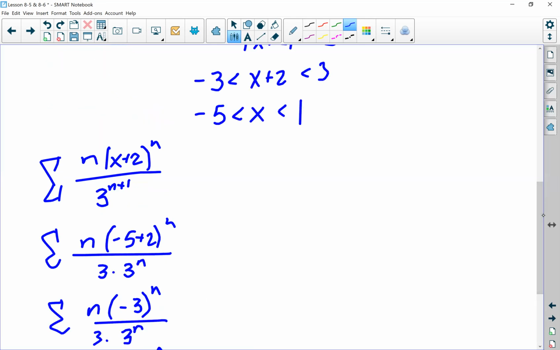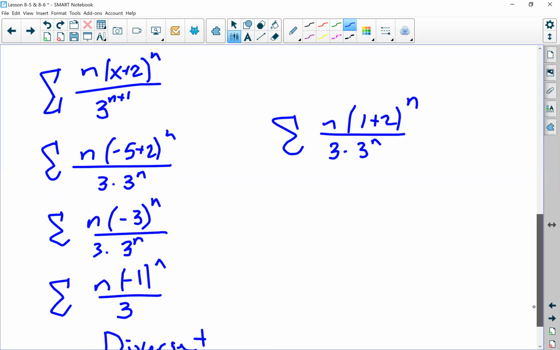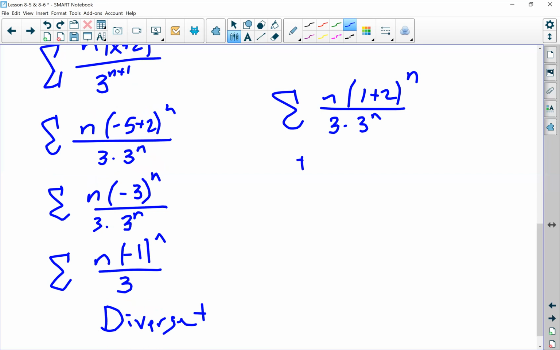And if we check positive 1, we get n over 3, because the limit as n goes to infinity, that doesn't go to 0.